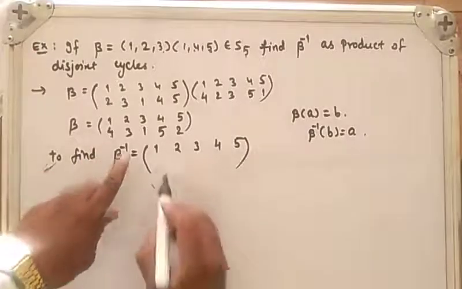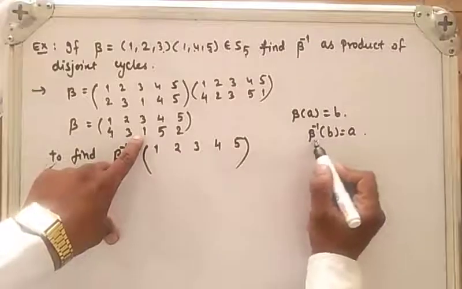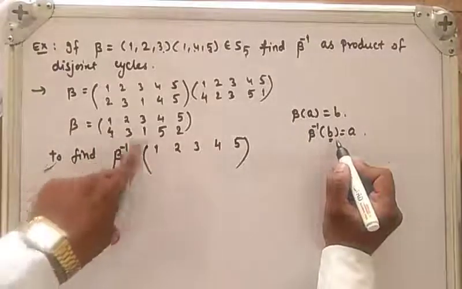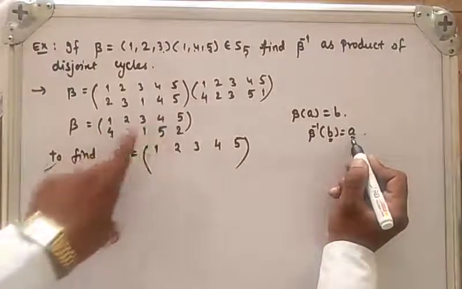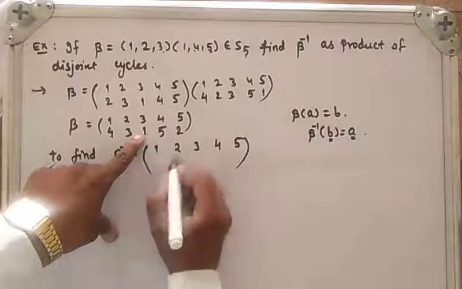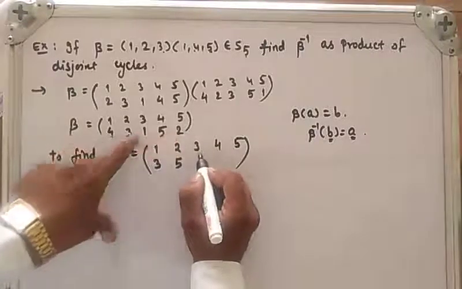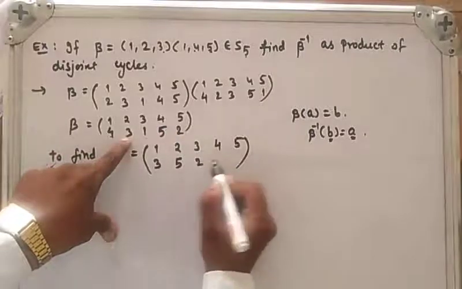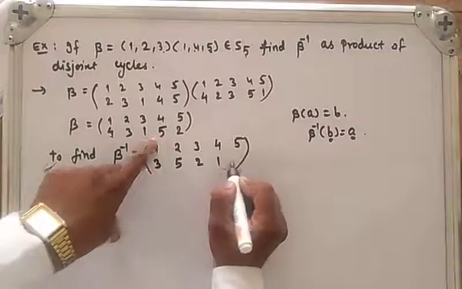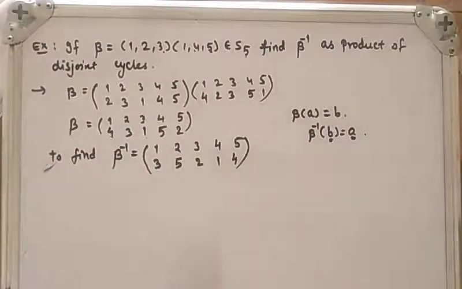By using this definition, beta inverse of B is A, where B is this element and A is this element. So the image of 1 is 3, the image of 2 is 5, the image of 3 is 2, the image of 4 is 1, and the image of 5 is 4. So this is beta inverse.